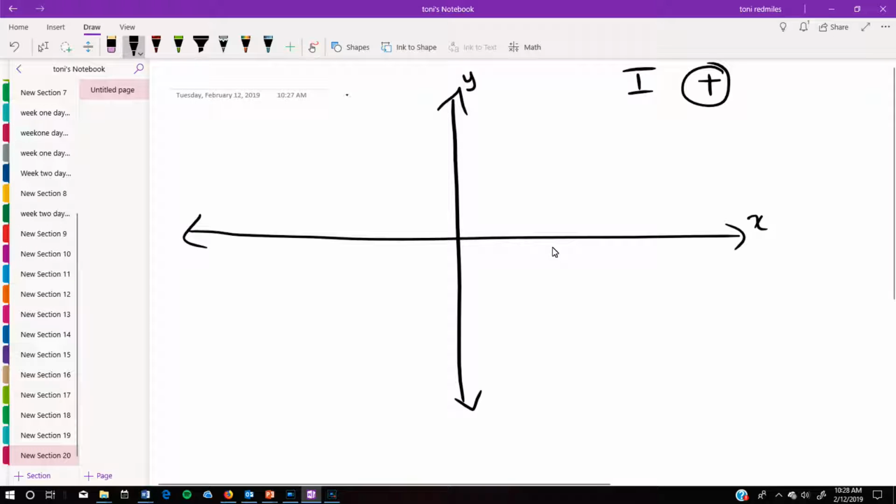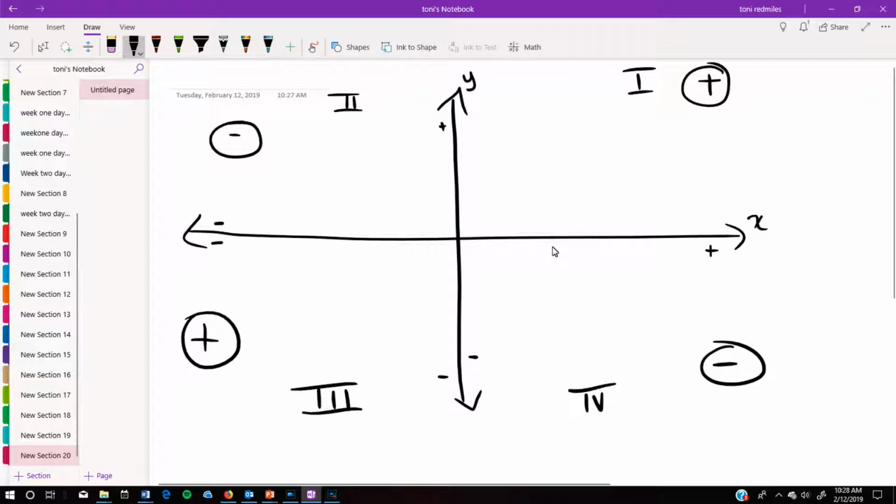Okay, this is my second quadrant, and this one is positive and negative. If I have positive over negative, that's going to give me a negative quadrant. This is my third quadrant, and it is negative, negative. Two negatives make me a positive, and this one is negative positive, which is going to give me a negative, and it is also my fourth. All right, so they kind of go diagonal of each other.